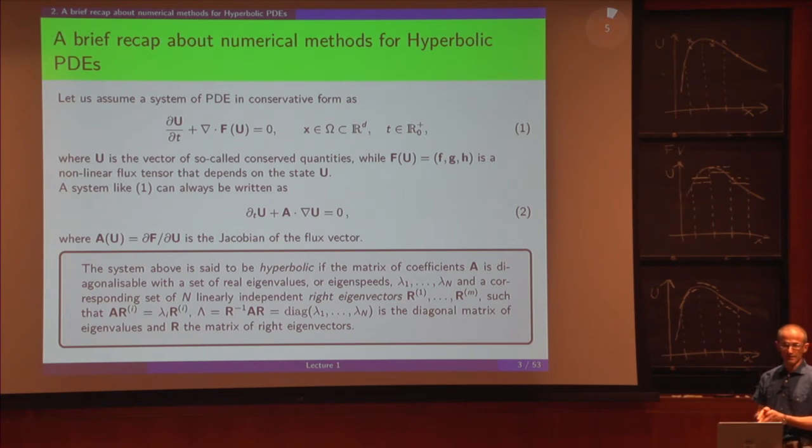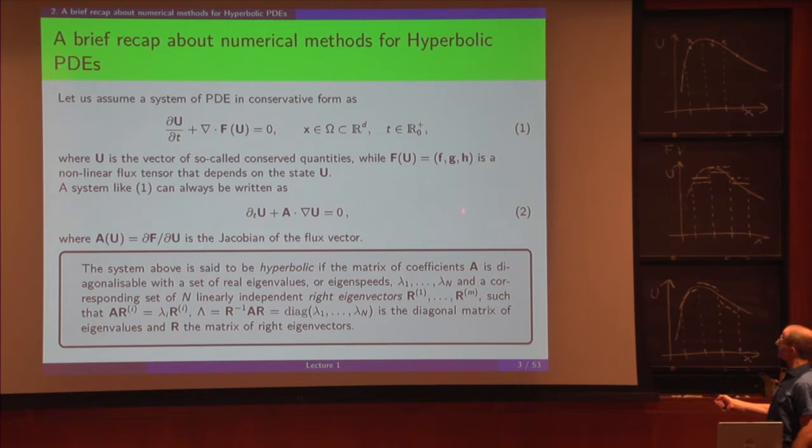So as I said, I need to recap a bit of basic concepts here. I will start from our preferred formulation, which is the conservative formulation of a PDE, in this conservative form, where there is a vector U of conserved quantities and a flux F, typically nonlinear, which depends on the state U. We are in general in three-dimensional space.